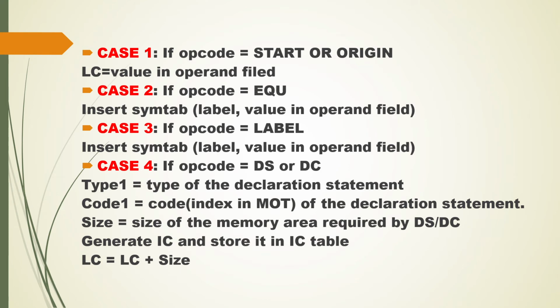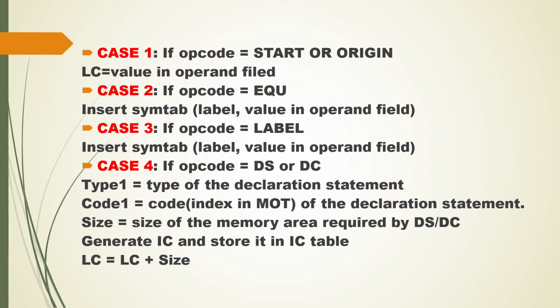Case 4 is if the opcode is a declarative statement, that is DS or DC, that is declare storage or declare constant. Then type 1 will include the type of the declaration statement. Code 1 will include the code, that is the index in MOT of the declaration statement.